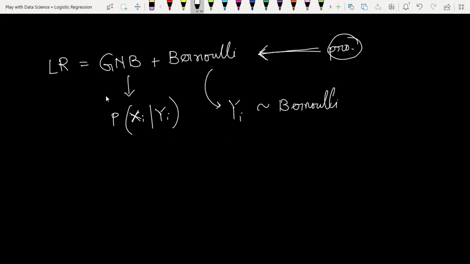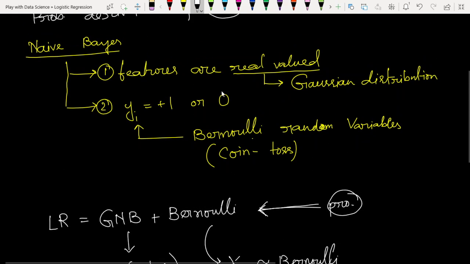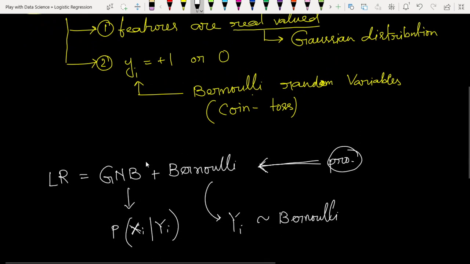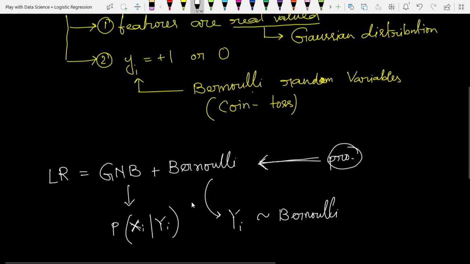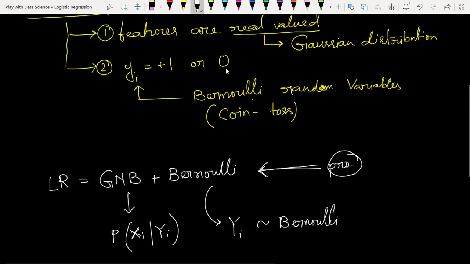So in logistic regression, first we assume that our data points, our features, are real valued and obey the Gaussian distribution, and our outcomes, that is y_i, obey the Bernoulli distribution. So all the features are real valued.